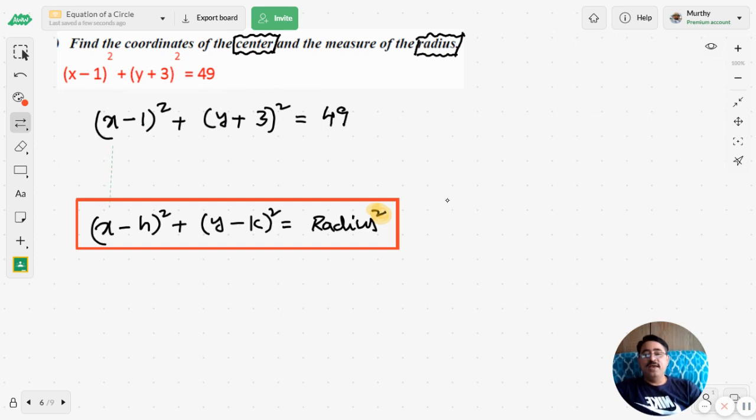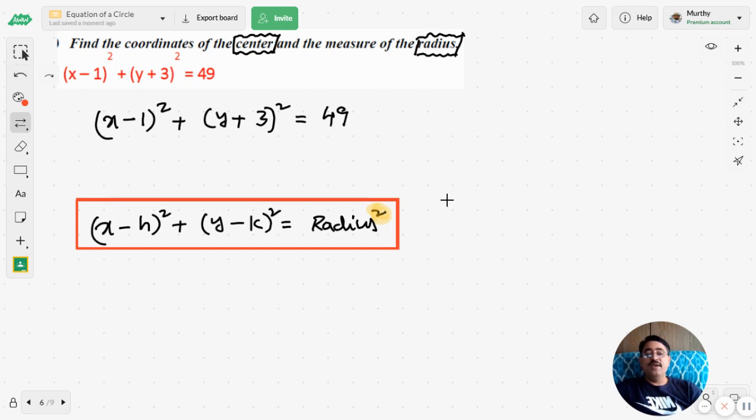I see that x is matching, negative sign, awesome. So what is the value of h? Can you read it? It's simple. It's 1. It is not negative 1. That's important. Let me repeat. x is matching with x. Negative sign is matching with negative sign. So 1 and h are mapped, which means the value of h is 1.